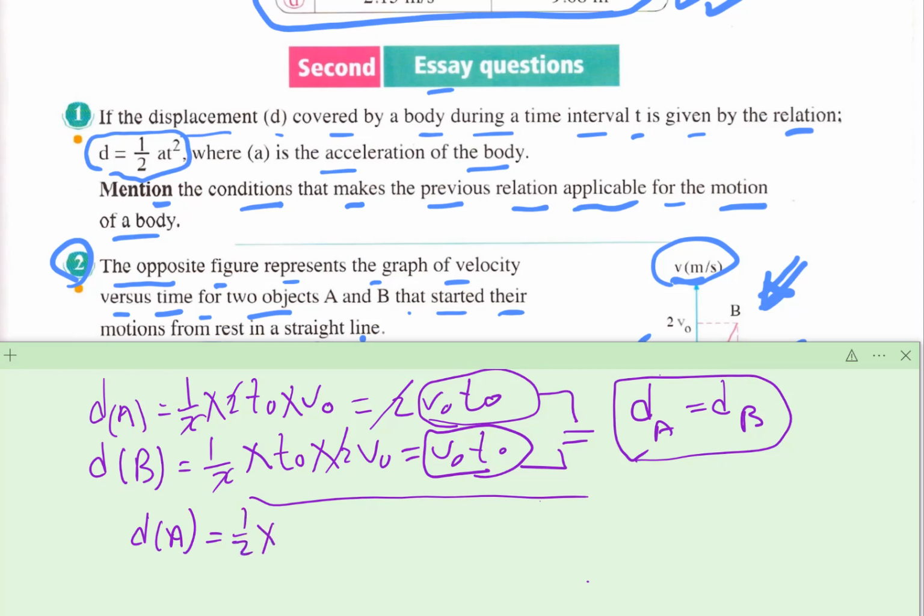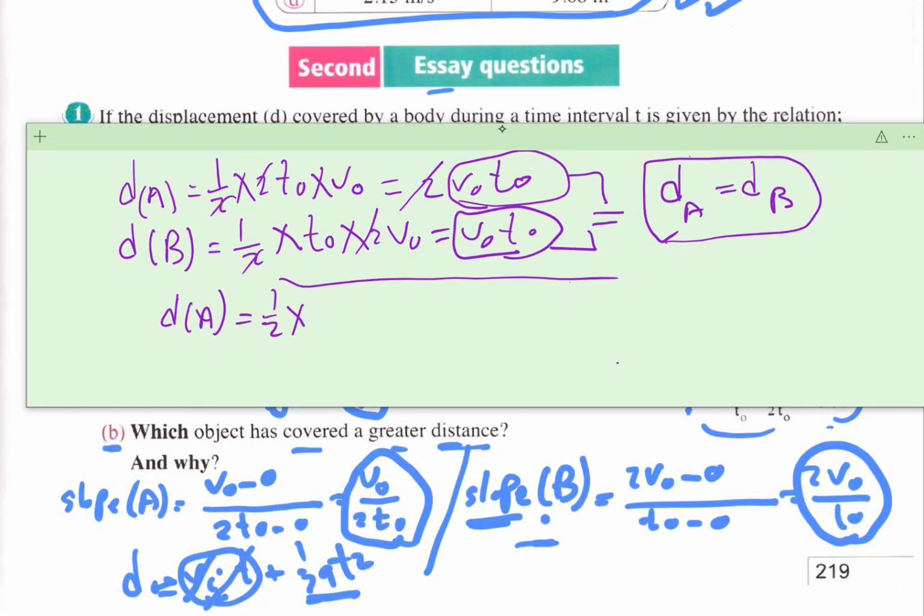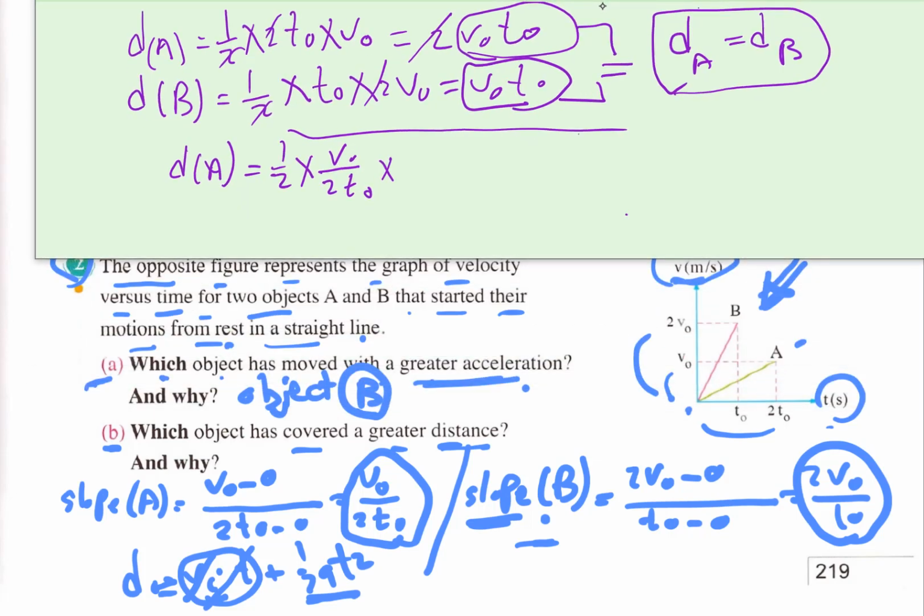Also for your knowledge we can use D for A, half times the acceleration of A, V naught over 2T naught, times T square for A, 2T naught square. And for B, half times the acceleration for B, 2V naught over T naught, times the time for B, T naught square.